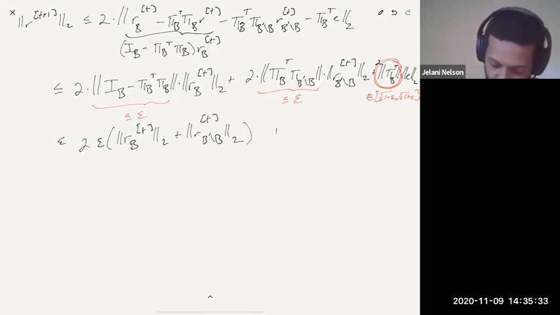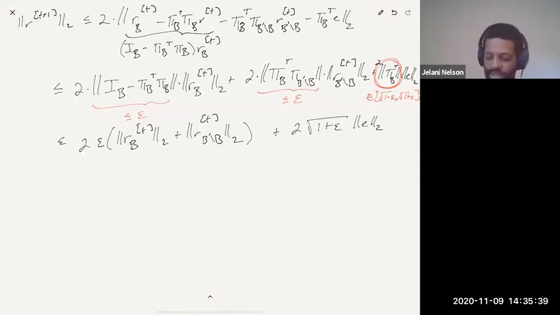Okay. Plus 2 times the square root of 1 plus epsilon times the norm of E. Which, anyway, now I can ignore this. So this is at most, let's say 3 times the norm of E, as long as epsilon is small enough.